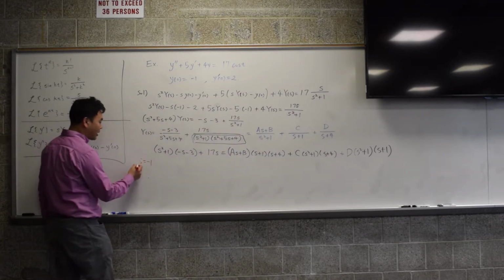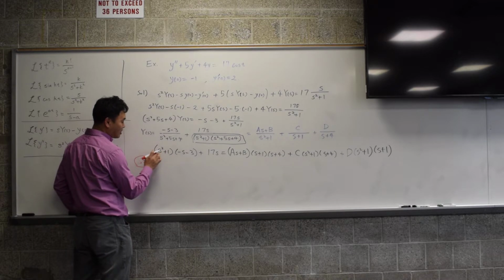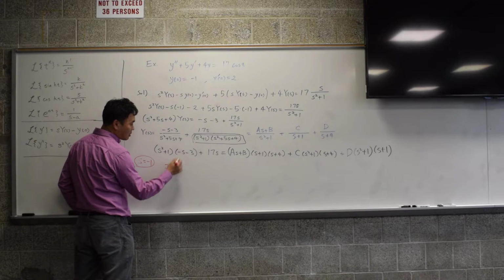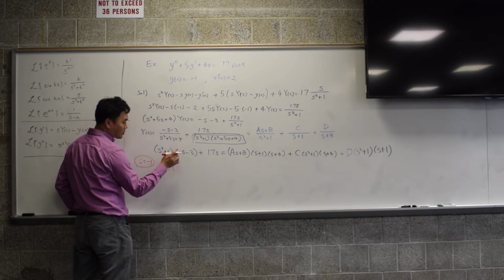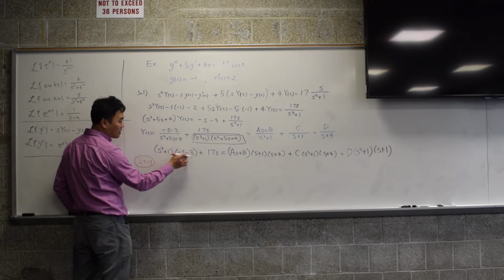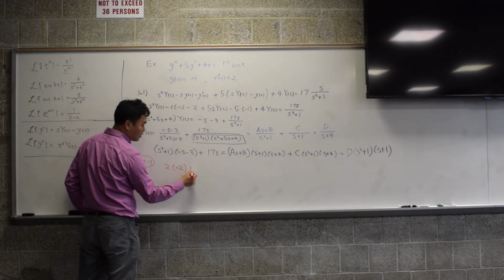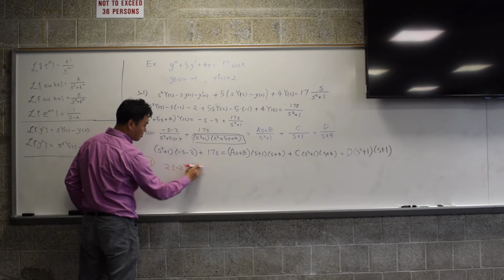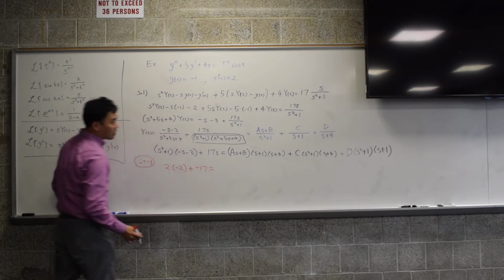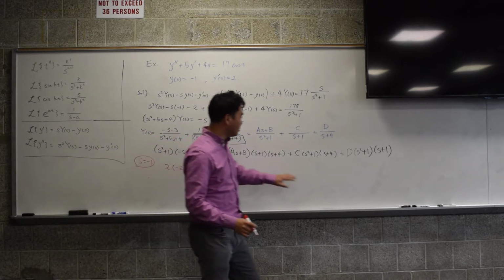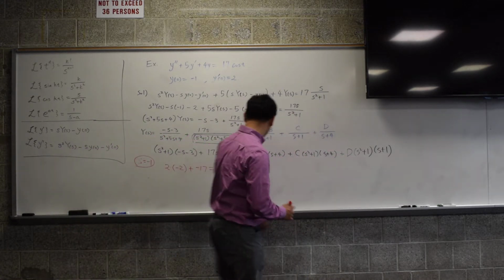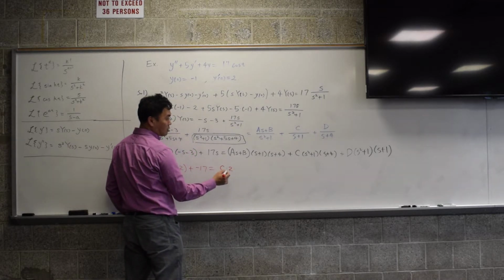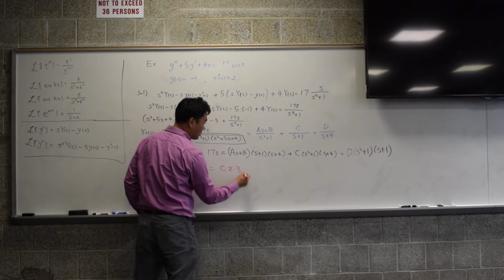Okay? So if I have s equal to negative 1, this is negative 1 squared, which is 1. 1 plus 1 is 2, times negative 1 minus 3. Negative of negative 1 is positive 1. 1 minus 3 is negative 2. And 17 times negative 1 is negative 17. On the other side, this is 0, that's 0. The only survivor is this one, which is c times 2 times negative 1 plus 4, which is 3.